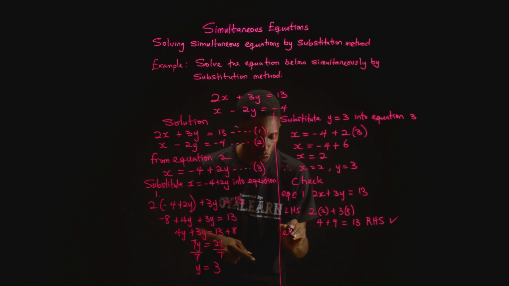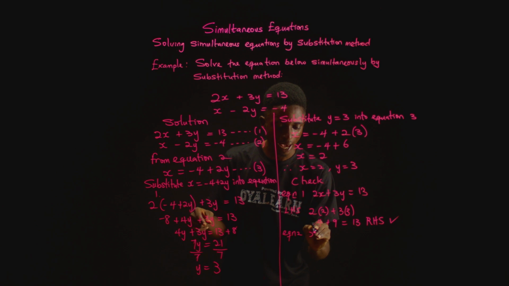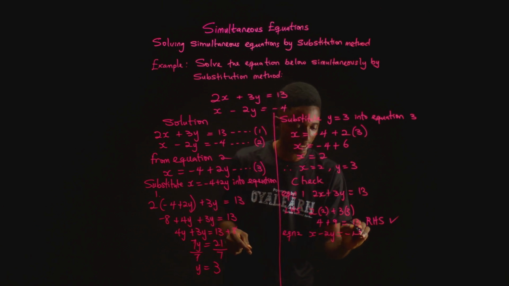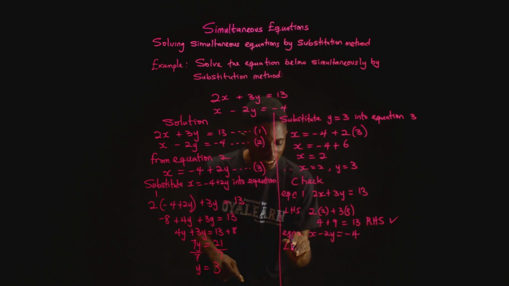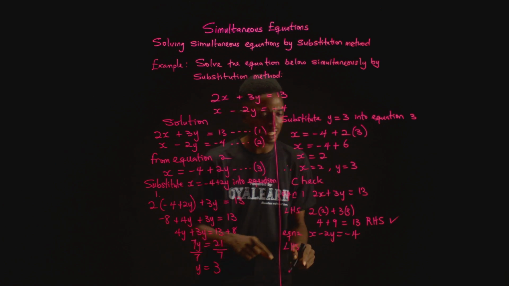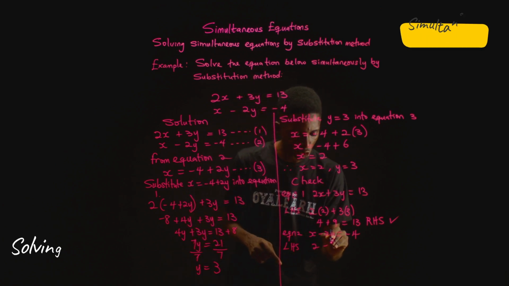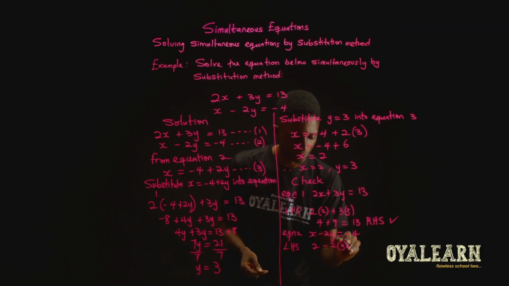Now for the equation 2, we have x minus 2y equals minus 4. Now let's check that. So on our left-hand side, we have x, and the value of x is 2. Then we have minus 2 into y, and the value of y is 3.